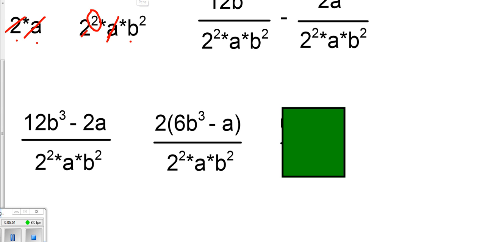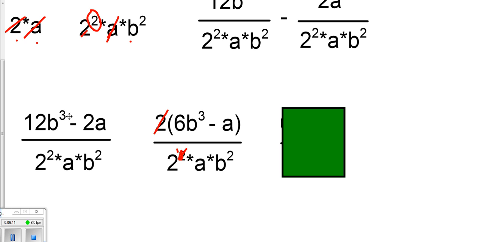Now that we know we can factor those out of that piece, we notice 2 and 2. This is no longer 2 squared, it's just 2 to the 1. We took 1 two out of the top and the bottom. This helps us simplify everything down.